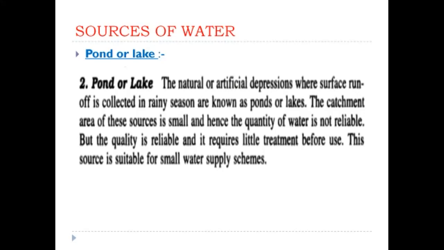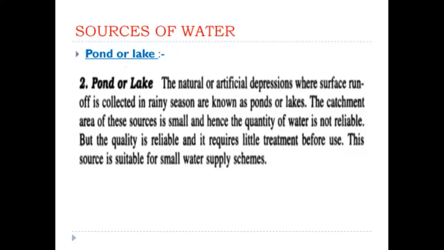The catchment area of the source is small and the quantity of water is not reliable, but the quality is reliable and it requires little treatment before use. This source is suitable for small water supply schemes. That is a pond or lake.